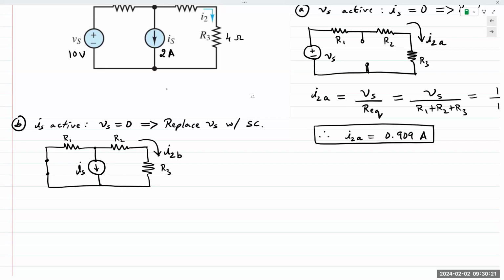So you have two nodes right here. Let's call them 1 and 2. If we combine R2 and R3, they form one single resistance connected between 1 and 2. The current source is also between 1 and 2. And then R1, because of the short, is also connected between 1 and 2. So all three components are in parallel. Okay. So this circuit can be redrawn like this.